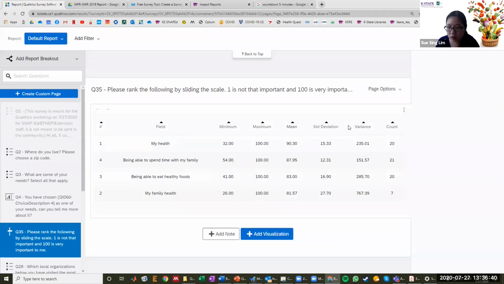Now with the mean, you can filter it. So you see a lot of people choose that my health is the most important, followed by being able to spend time with family, being able to eat healthy foods, and then my family health. So mean is the part where you want to look for majority of people, what they think is most important to them.